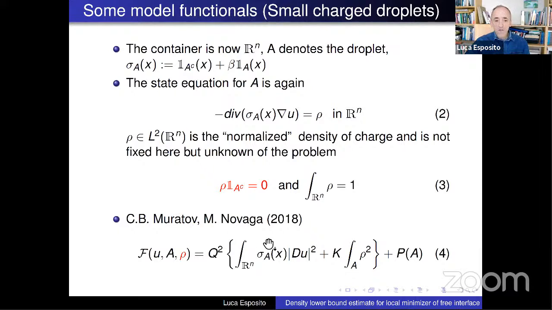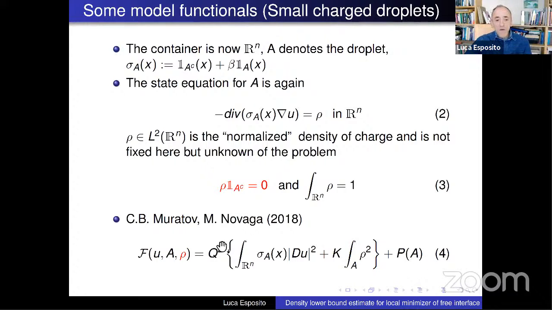But the functional is almost the same. Indeed, you have the integral of the gradient squared, and the integral of the square of the charge density, plus a perimeter term.